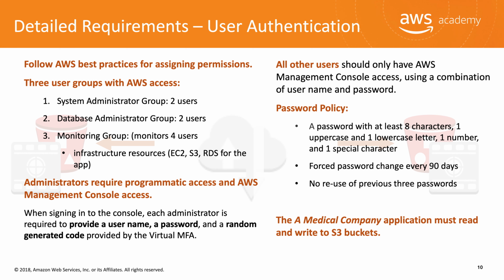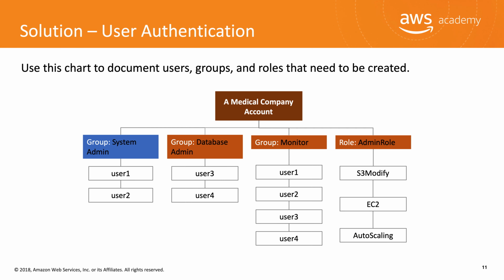So with this, we can see we need IAM to do something like this. There are 3 groups and 1 role. The 3 groups are system admin, database admin, and monitor. The system admin has 2 users, user 1 and 2. The database admin has 2 users, user 3 and 4. And the monitor group monitors the 4 users coming from the system admin and the database admin.